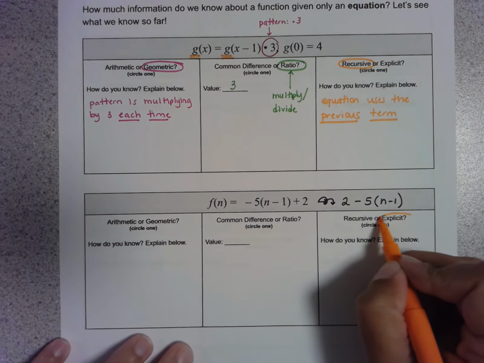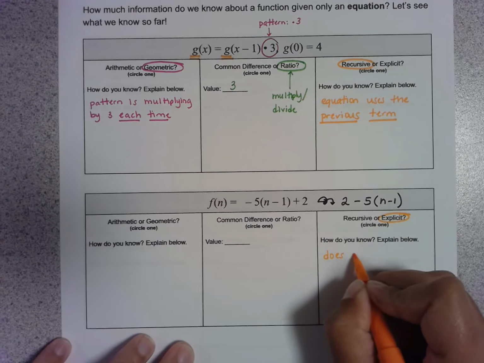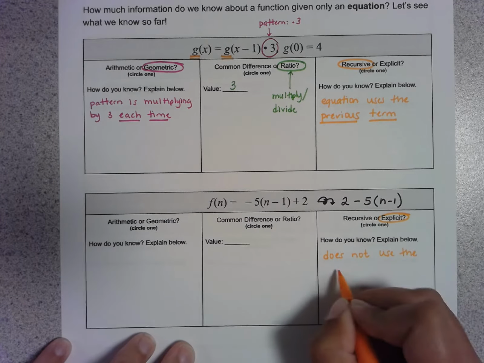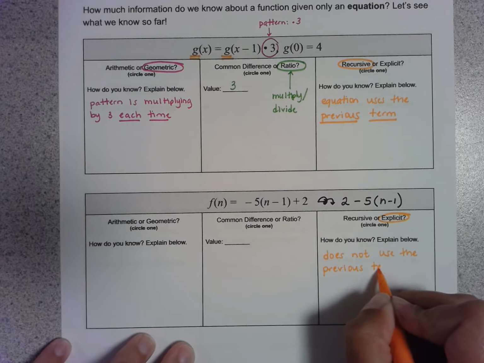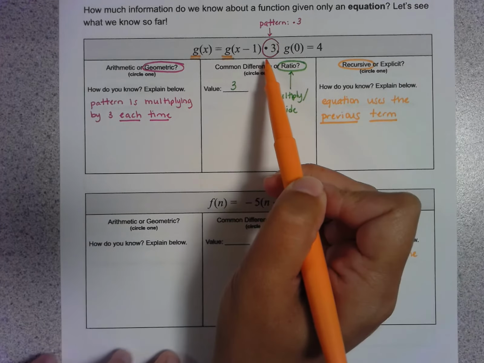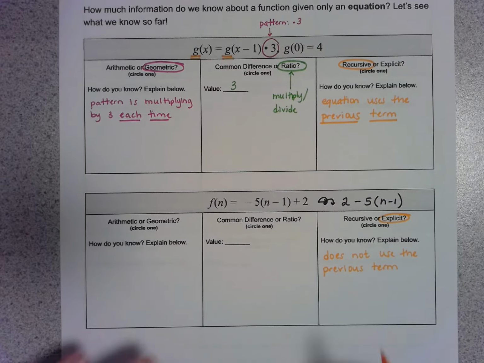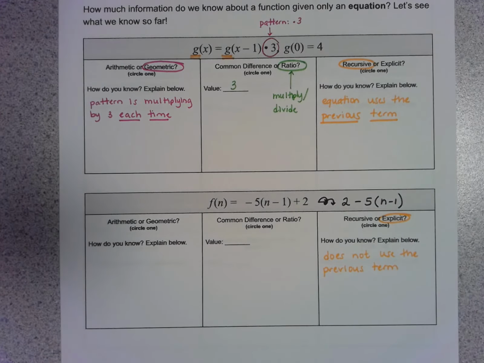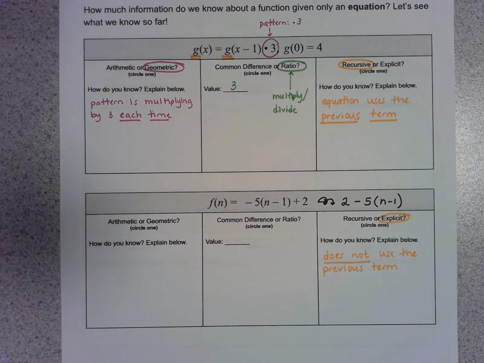It is an explicit equation because it does not use the previous term. If the first one's a recursive equation because it does use the previous term, then this one is an explicit equation because it does not use the previous term.